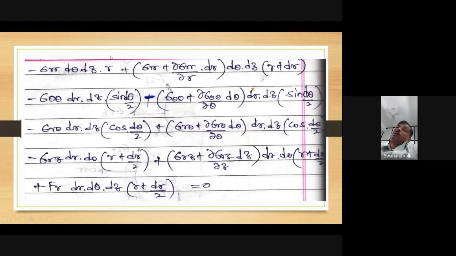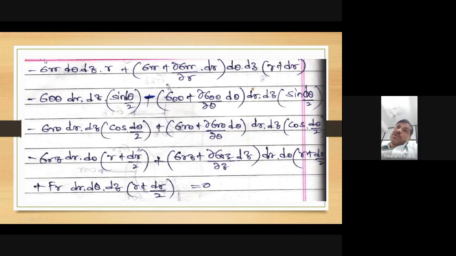These three terms together will form the area of that inner curved surface, and sigma RR represents the stress acting along a radial direction. Is it okay?